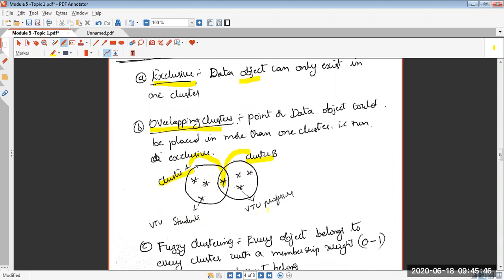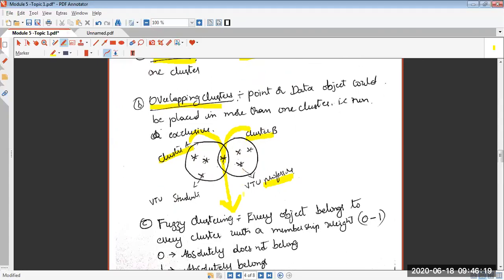For example, in VTU we have professors, that is cluster B, students, which is cluster A. What if some staff have registered for PhD? They are also students of VTU. So they are both staff and also students. They are nothing but this asterisk. So the bottom line here is, if a data point is belonging to both cluster A and cluster B, we call it an overlapping cluster. See, this was simple.